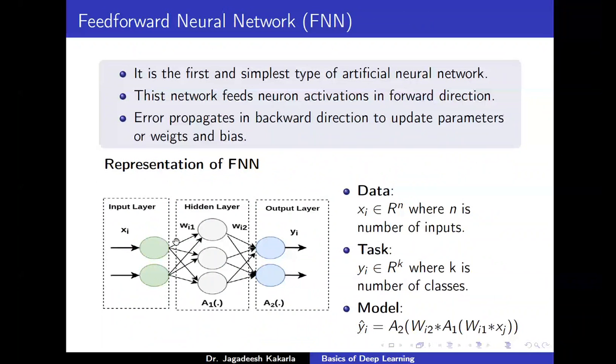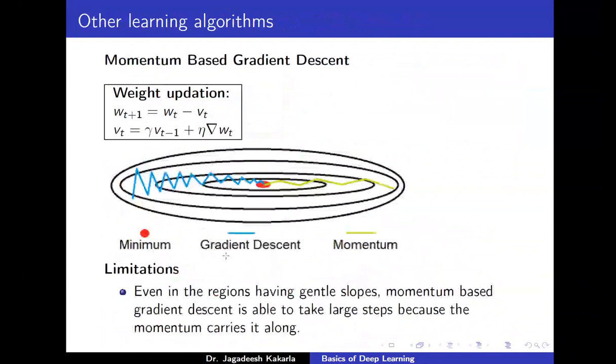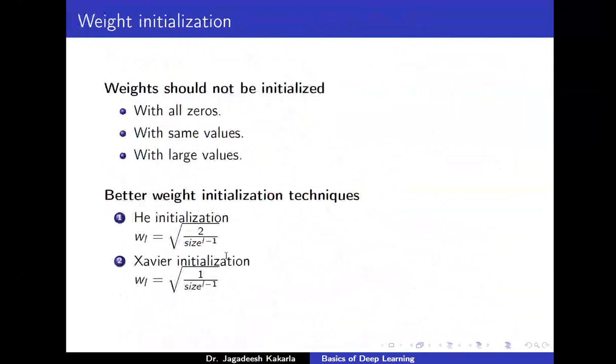Then this activation function and that activation function will also produce the same values. So the learning will not happen in a proper way. That's why you should not initialize all the weights to zeros or to the same values, and you should not initialize the weights with large values.